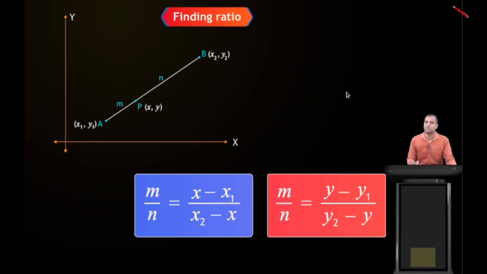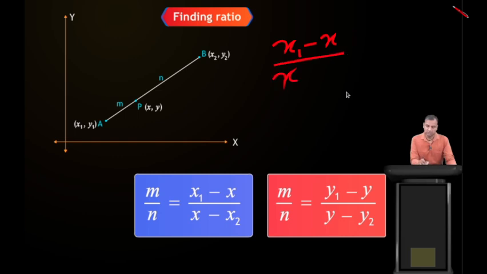So these are the formulas to find the ratio of section. You can use any one, (x1 minus x) upon (x minus x2), or (x minus x1) upon (x2 minus x). But if you look here, it can be written as (x1 minus x) upon (x minus x2).